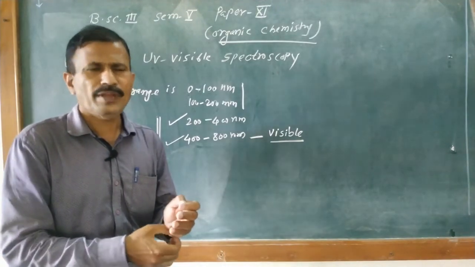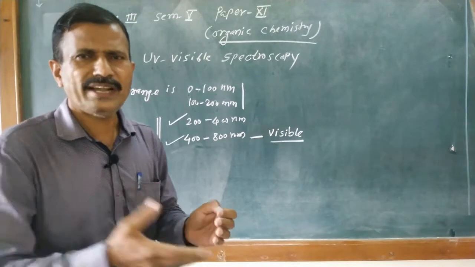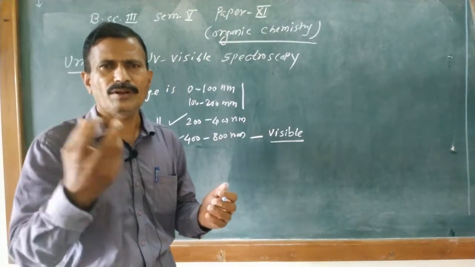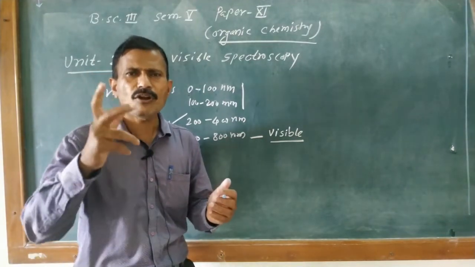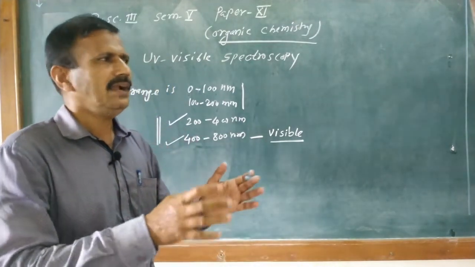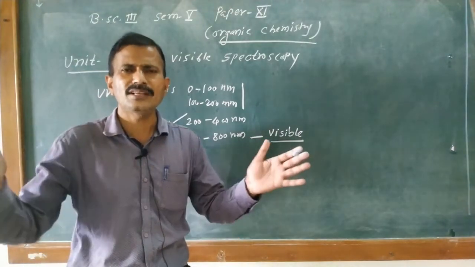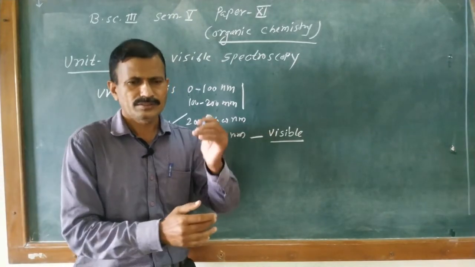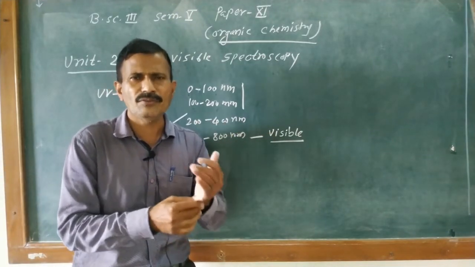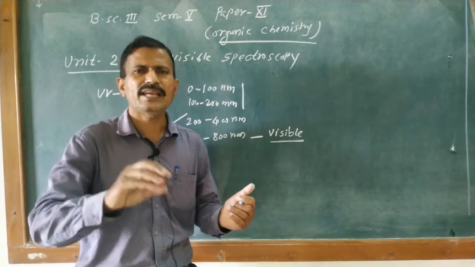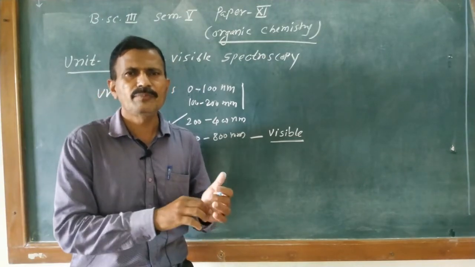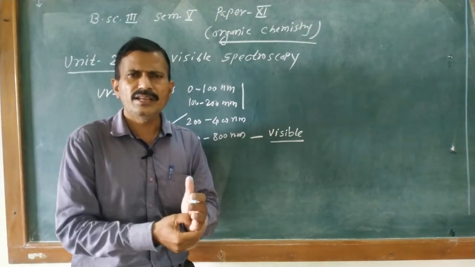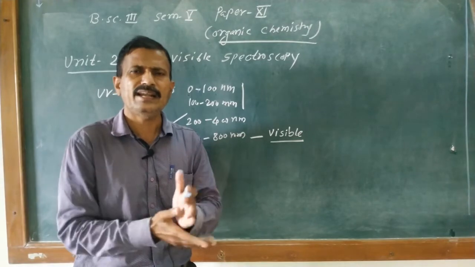When it is raining outside and sunlight is irradiated on water droplets, the water droplet acts as a prism, and diffraction of light may occur, and this visible light is scattered in different wavelengths, and these different wavelength regions have characteristic 7 colors, that is VIBGYOR, violet, indigo, blue, green, yellow, orange and red finally.